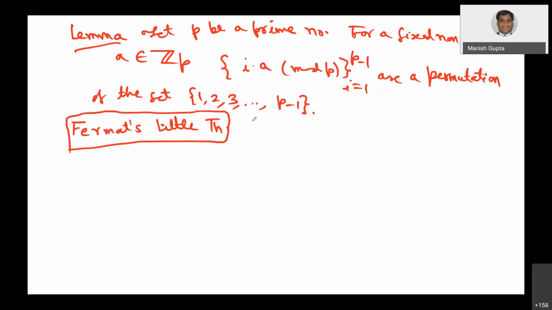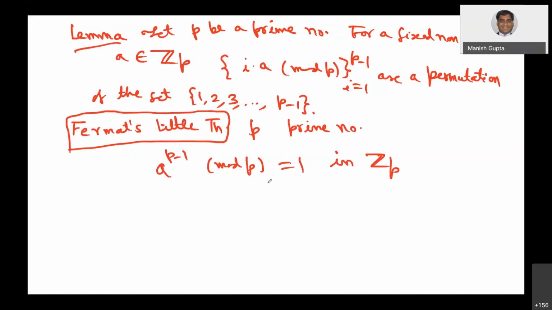But anyway, Fermat's little theorem says that if p is a prime number, then a raised to the power p minus 1 mod p is 1 in Zp, for each non-zero a in Zp. So take any non-zero element a in Zp, raise it to the power p minus 1 and reduce it modulo p, we are going to get 1.